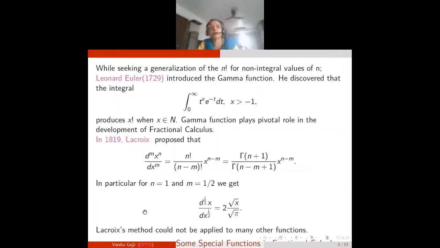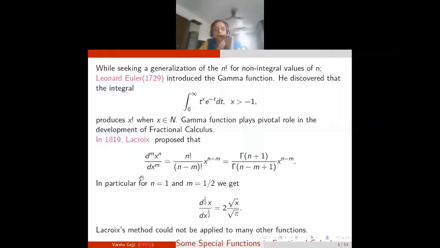And from a historical perspective, it was Leonhard Euler who realized that if one wants to extend this notion of order of derivatives to arbitrary real numbers, then one has to generalize the concept of factorial.